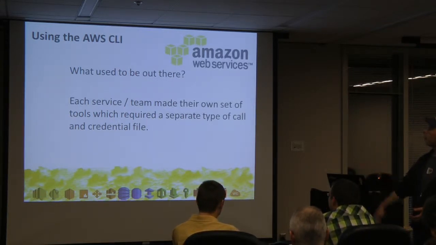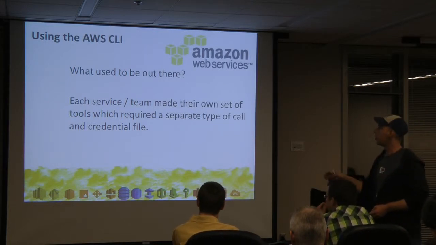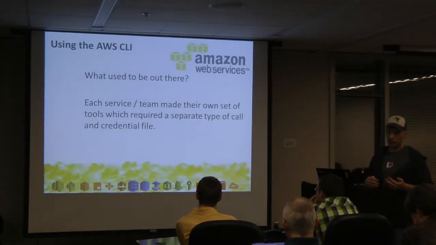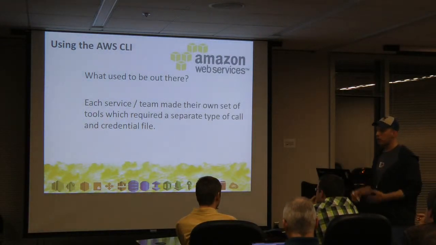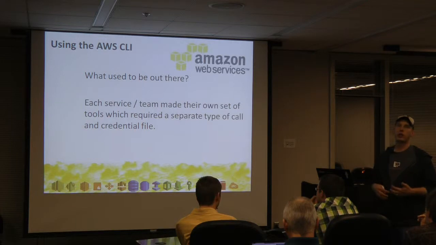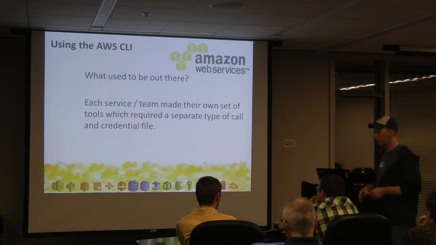Let's talk once again about what used to be out there. Each service team made their own set of tools, and they were allowed to write these in their own languages. Some were written in Java, some in Ruby, and I think one or two were written in Python.